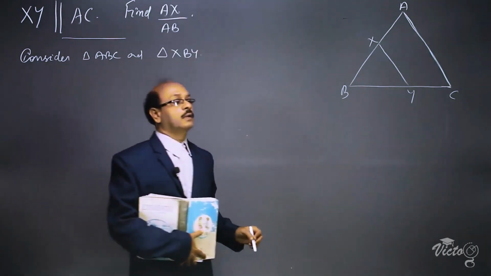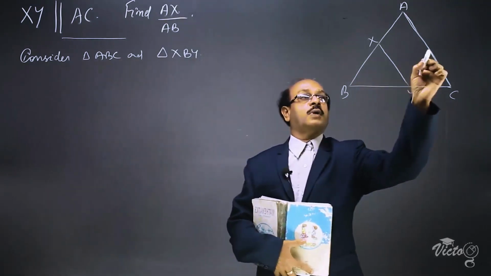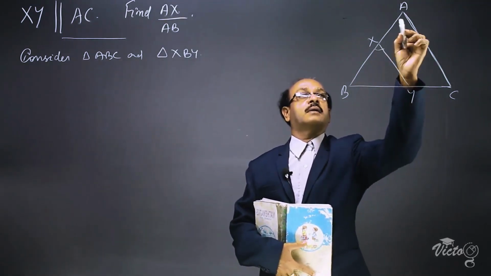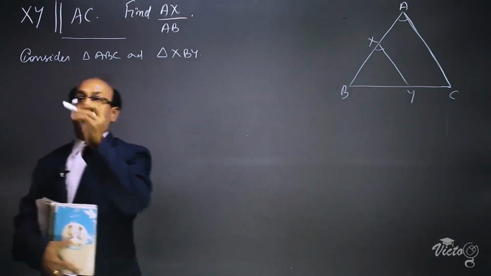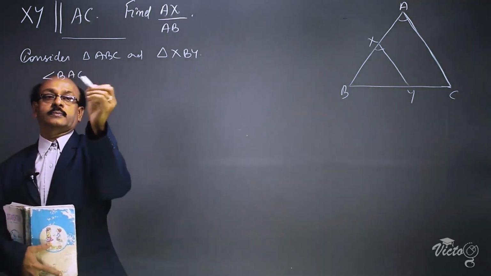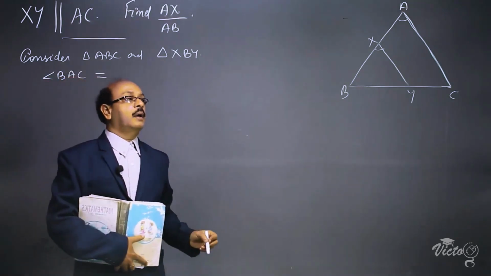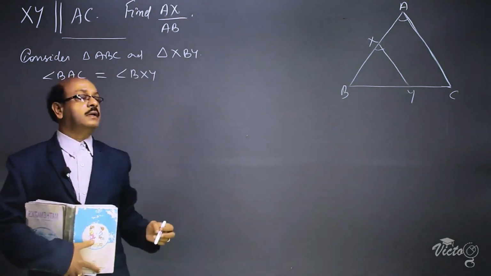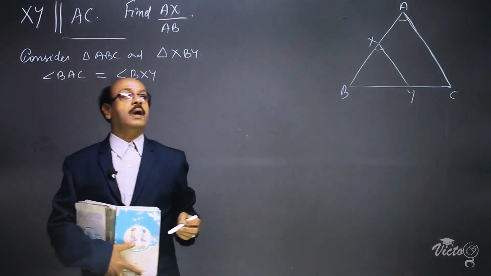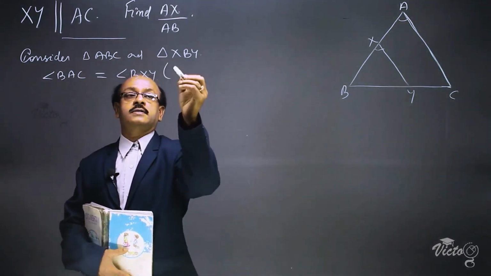In these two triangles, since these two lines are parallel, angle BAC is equal to angle BXY. Reason: a pair of corresponding angles.